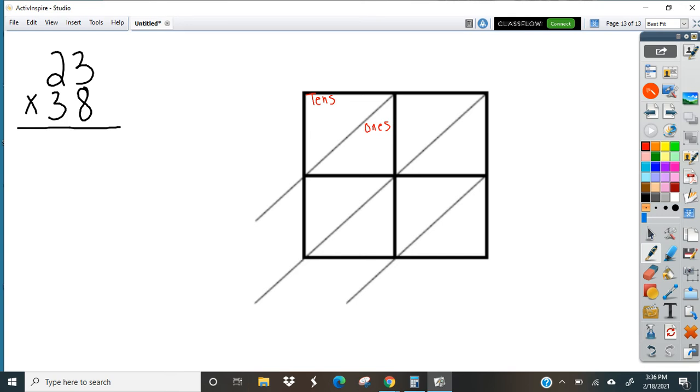And then your answer is actually going to come along the bottom here, where this is going to represent the ones, this is going to represent the tens, this would represent your hundreds, and this would represent your thousands.